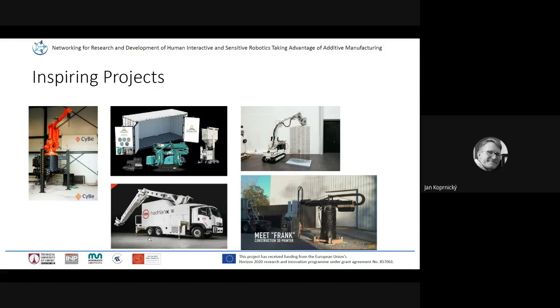The other picture here is a truck with an arm from the company Fast Brick Robotics. It's an Australian company. This robot is called Hadrian X, and it's suited for placing bricks.